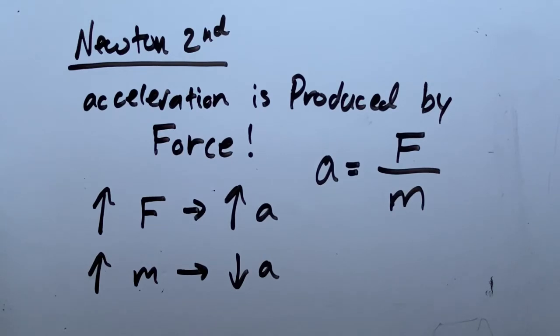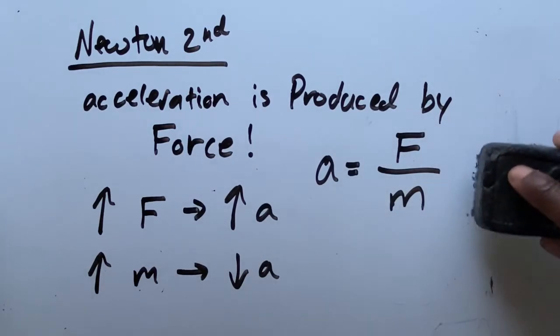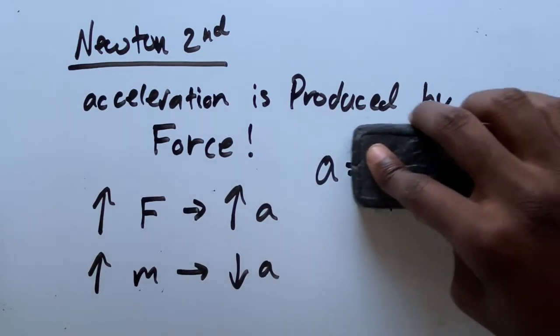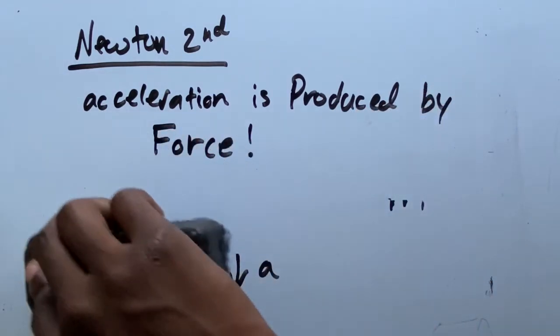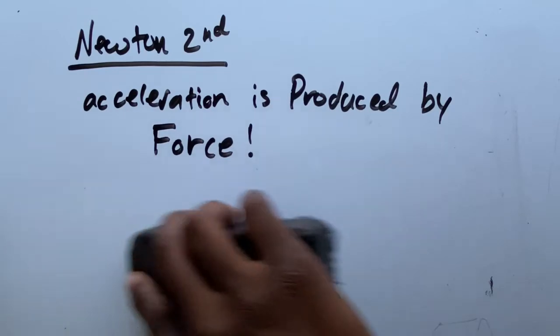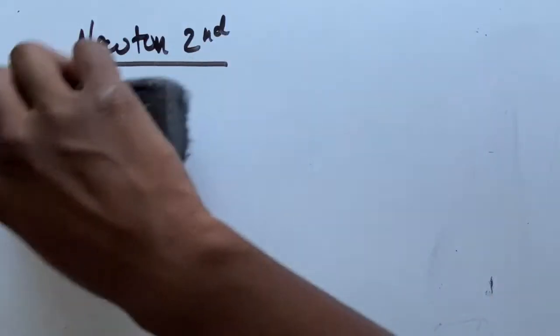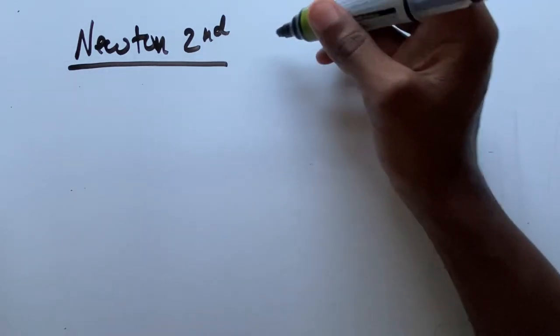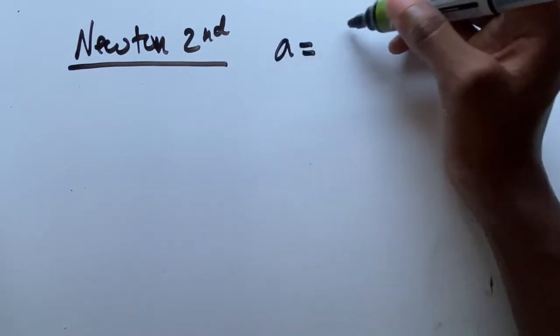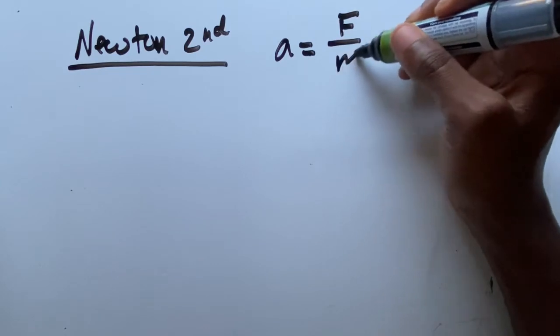So now let's go back to the free fall situation, where an object is falling straight downwards. Let me put that equation back up here, where acceleration is equal to some force divided by mass.